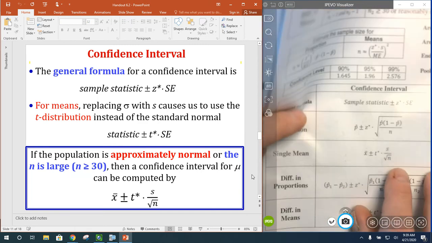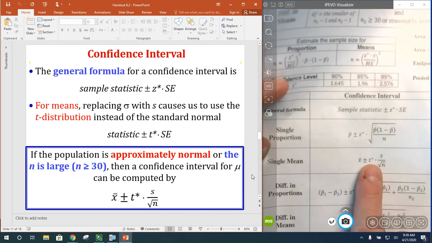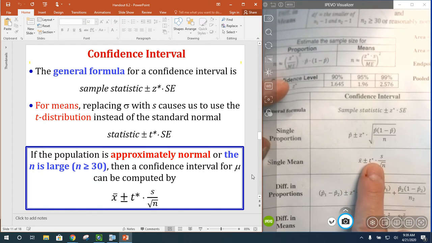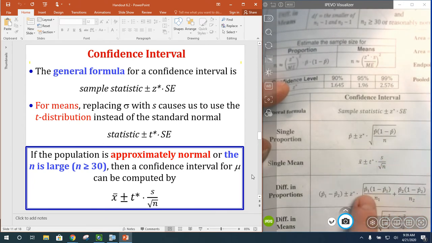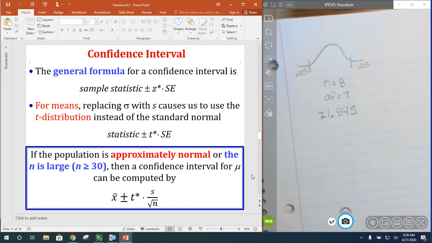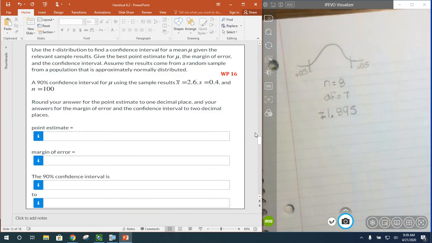That's the same formula that is right here. Single mean, confidence interval level: x bar plus or minus t star, and we know how to find t star now, multiplied by the standard deviation divided by the root of n. Pretty simple formula compared to some of the other ones that we've already been using. And move to the next slide.